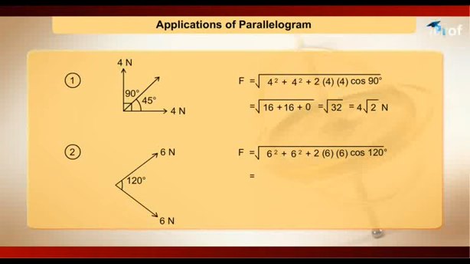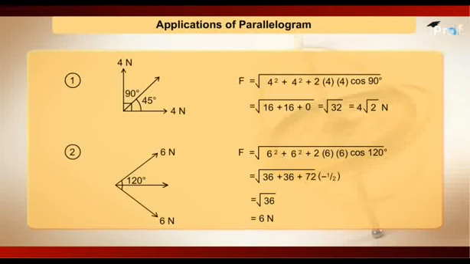Since cos 120 degrees is equal to minus half, this will give you 36 plus 36 plus 72 into minus half, that is equal to 36, so the resultant is 6 Newton. And this resultant will act at an angle of 60 degrees, that is, along the angular bisector of these two forces, at an angle of 60 degrees with this force or with this force.